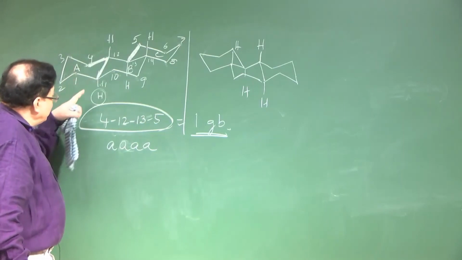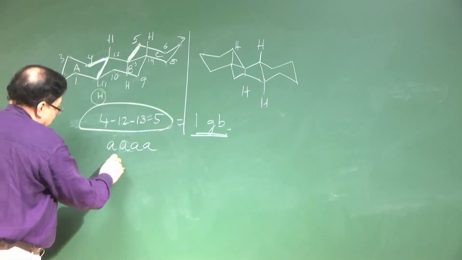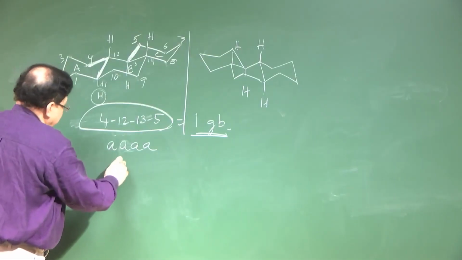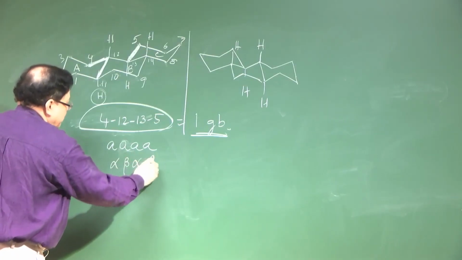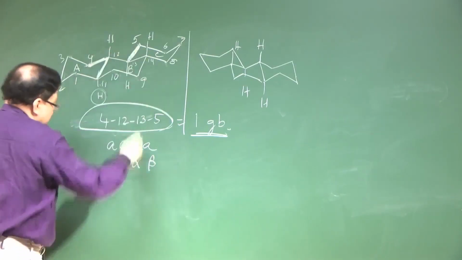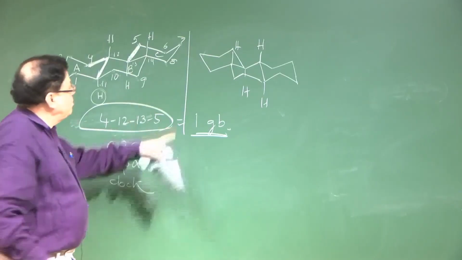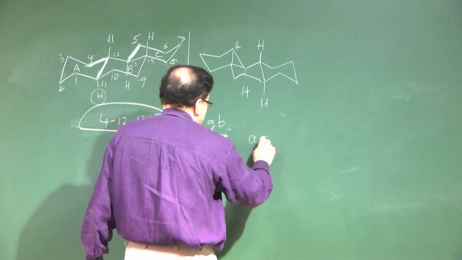Now, if you start from this C11 and going to C14, then the alpha beta nature runs like this, that this is alpha, then this is beta, then this is alpha, and then this is beta, and the direction is clockwise.